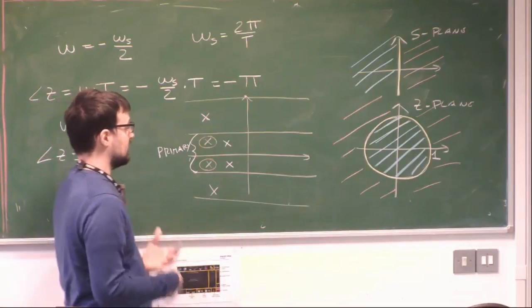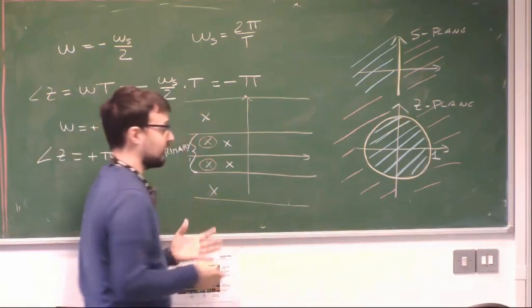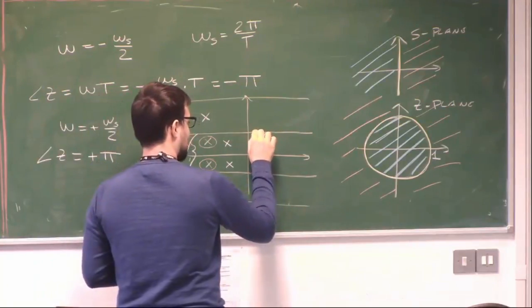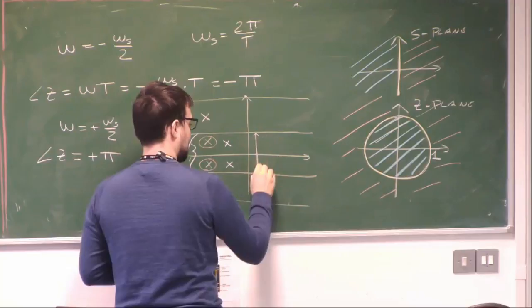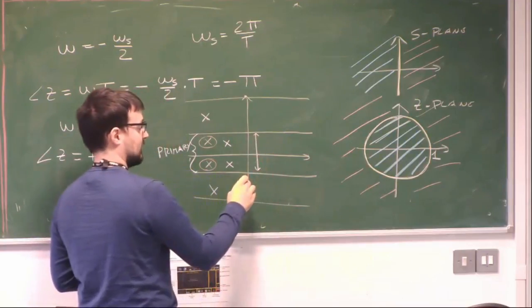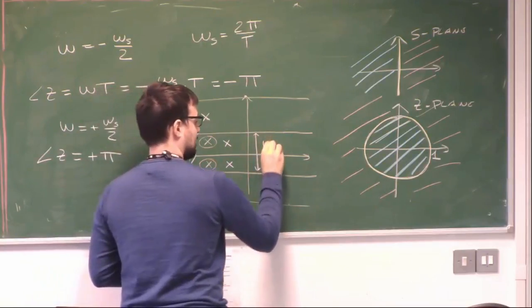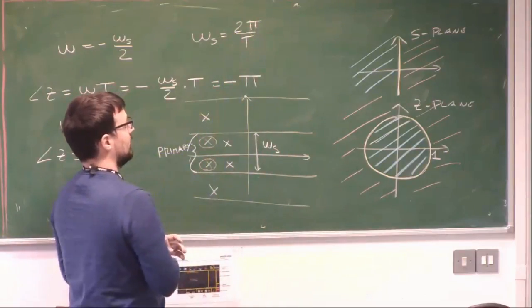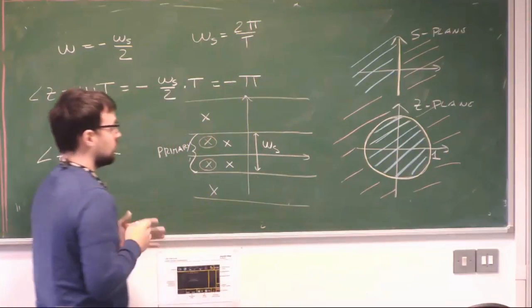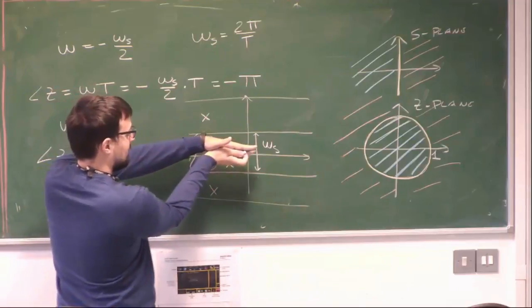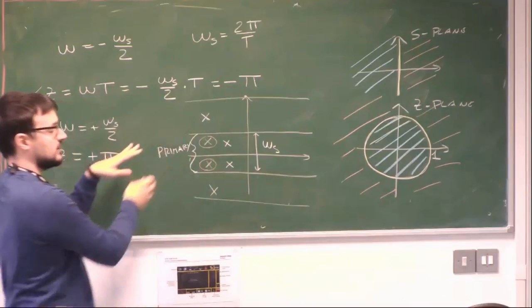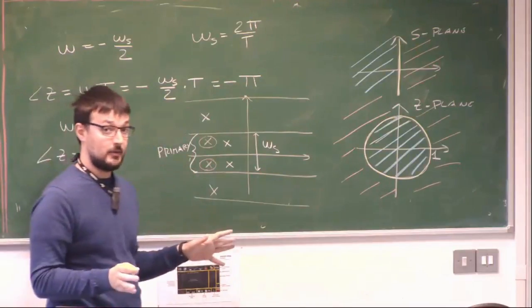So this is telling us that we have to be careful when we choose the sampling time, because the sampling time obviously is linked to the width of this primary strip, because the width of the primary strip is omega s, and we see that omega s is 2 pi divided by T. So what we want is that the primary strip is large enough to include all the poles that appear in our system, okay?